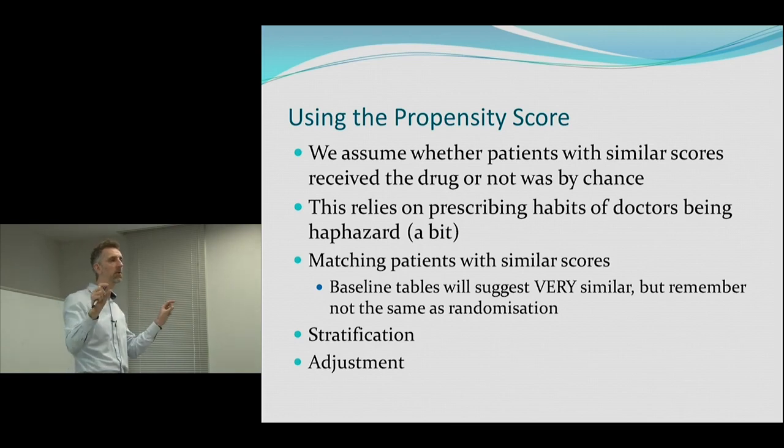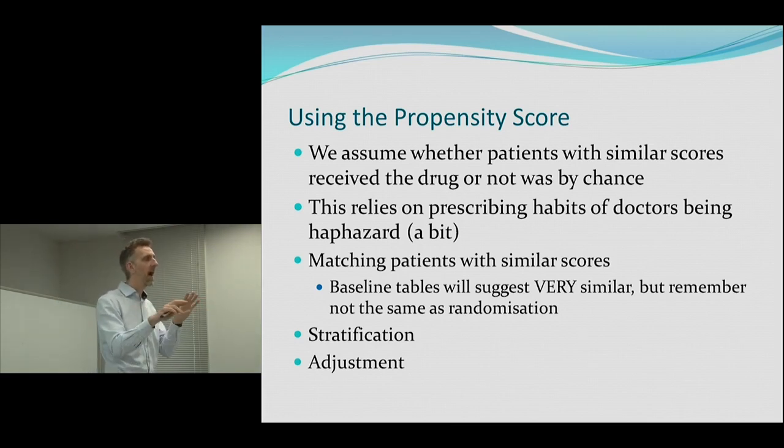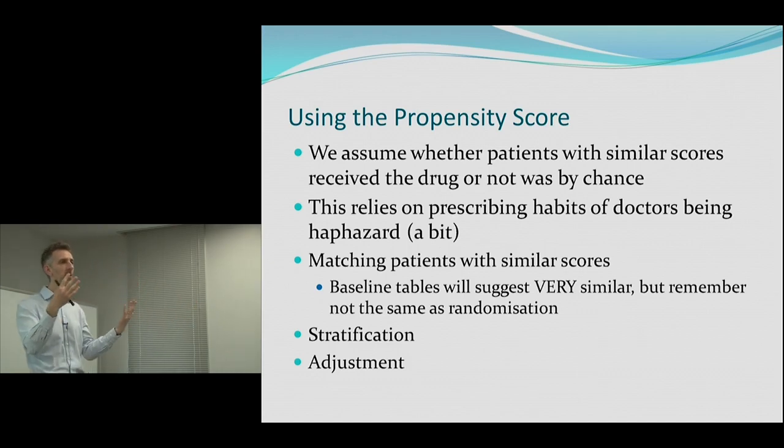So for everybody with a score of 0.8, we assume that everything else about them is equal. Some of them got the treatment, some of them did not. But if I compare everybody with a score of 0.8, I should get an answer that's free from confounding, because those two groups of people, treated and untreated, with a score of 0.8 should be very similar to each other. Yeah?